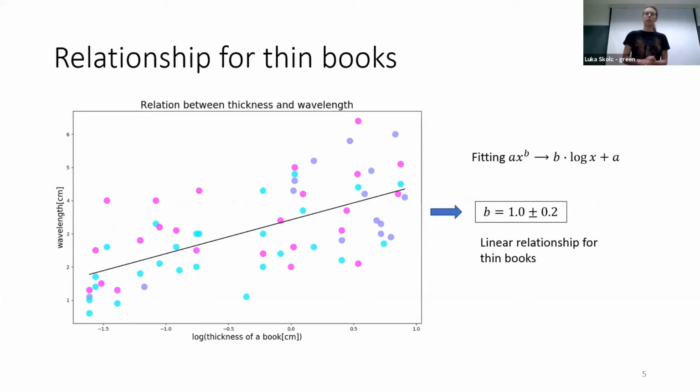So we decided to fit a power function. However, we logarithmized it for easier fit, and we got power b to be 1. So that implies that there is a linear relationship between wavelength and thickness of a book, which we also supposed.